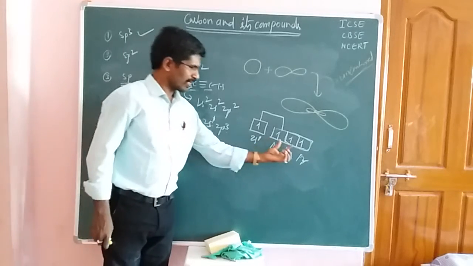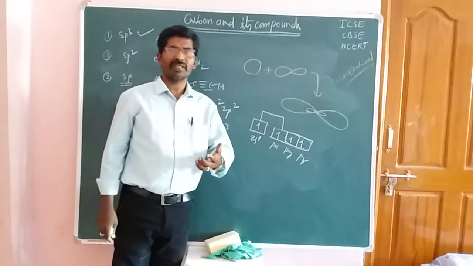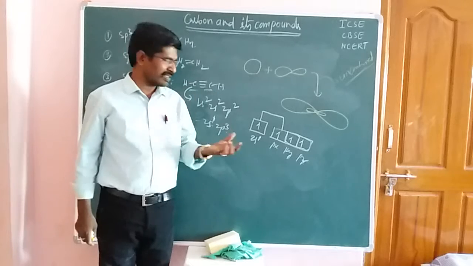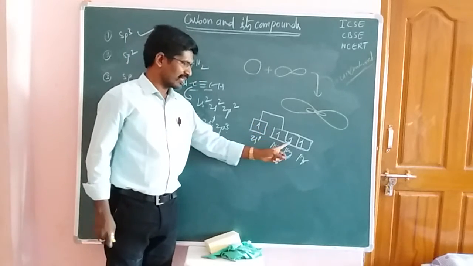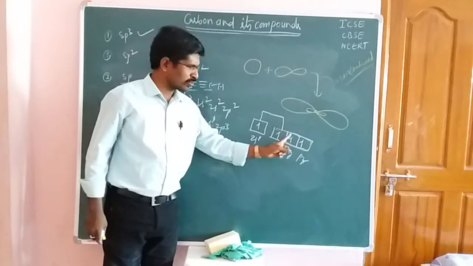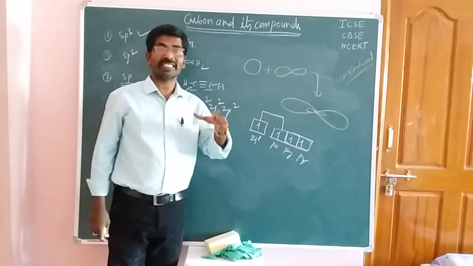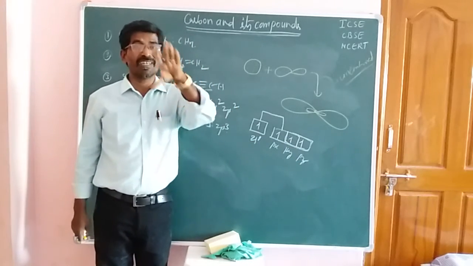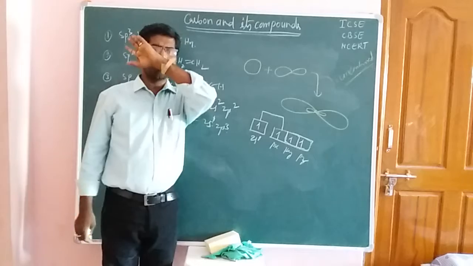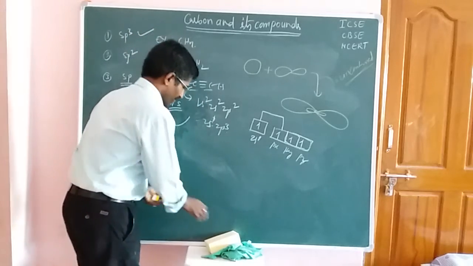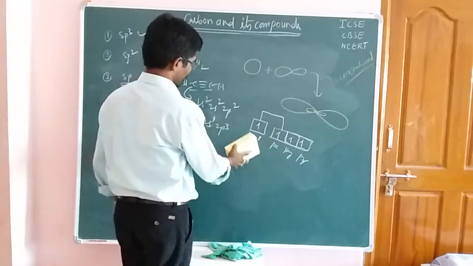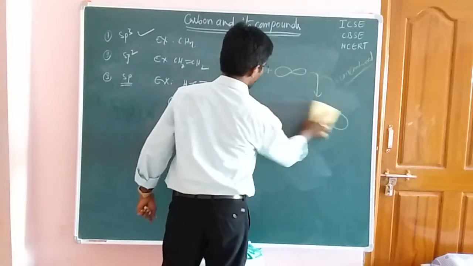Okay, students. After forming the sp hybridization, these two unhybridized orbitals are involved in lateral overlapping or sideway overlapping. So this is the phenomenon. Now for that concept, I will give one example.